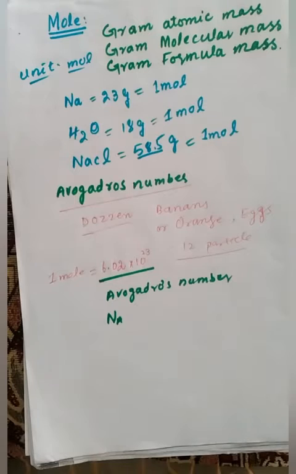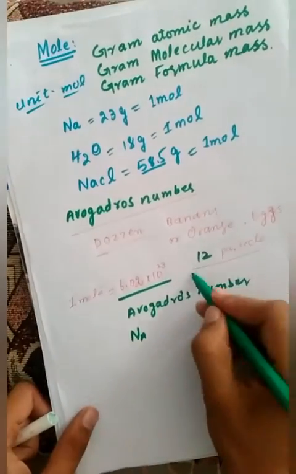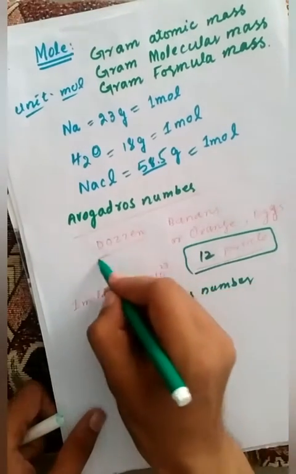Suppose we deal with a quantity in our daily life called a dozen. A dozen of bananas or oranges or eggs, anything, contains the same number of particles, that is 12 particles. These 12 particles are known as a dozen.